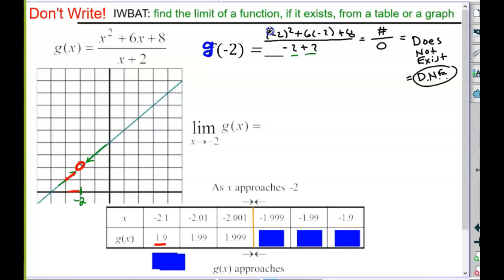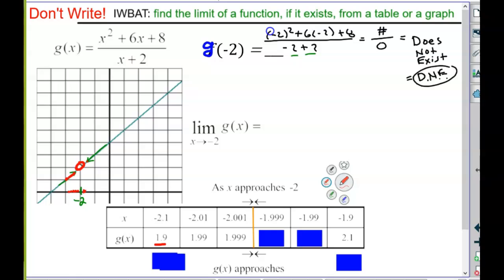Well, if we approach the other direction, what if I come in from the right-hand side? I'm going to take numbers that are greater than -2, like -1.9. When I plug that in, I get an output of 2.1. Now notice, if I asked you to graph all these points, you would go over to wherever -1.9 would be, so I'd go right here and plot a point.